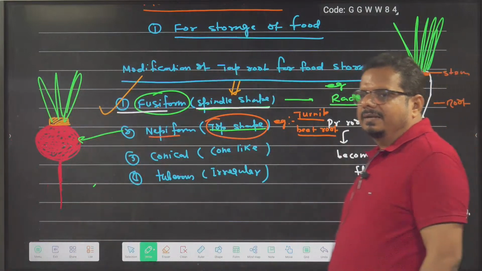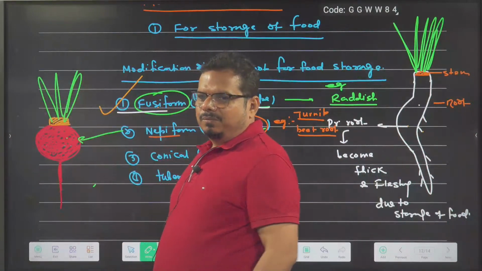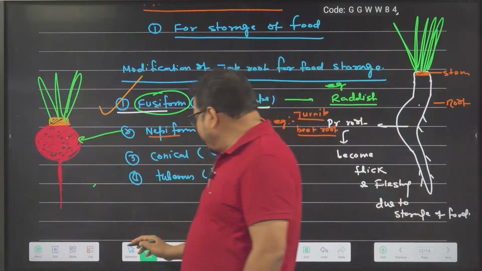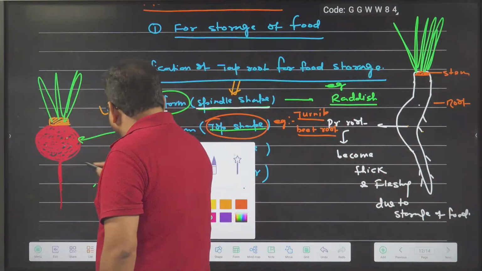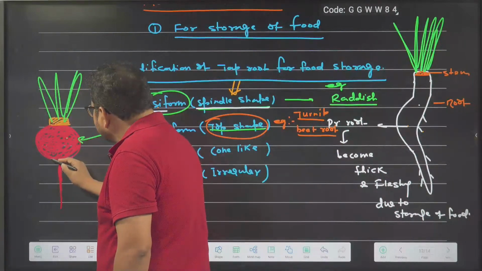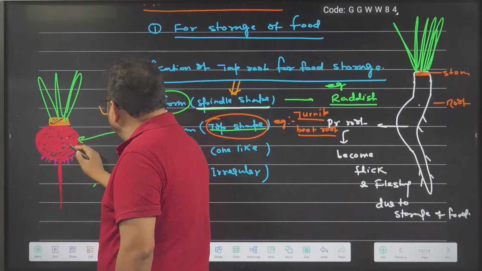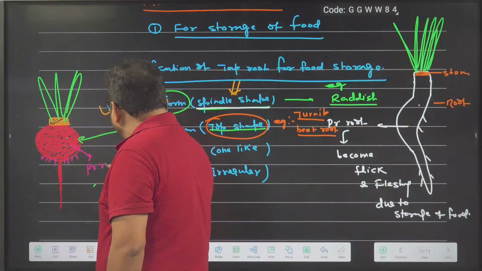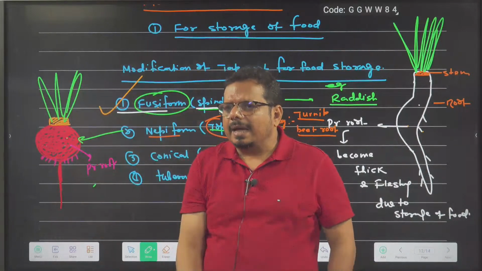Are you getting the idea? So beetroot looks like a top. Food is stored in which one? Primary root. If you purchase beetroot from the market, you will find secondary roots are thin like this. So many thin secondary roots are arising. So here also food is stored in which one? Primary root. How is it stored? It is stored like a ball and then sudden tapering occurs.